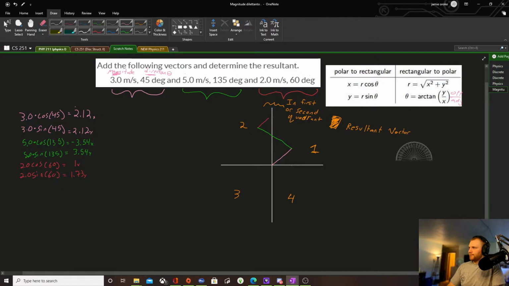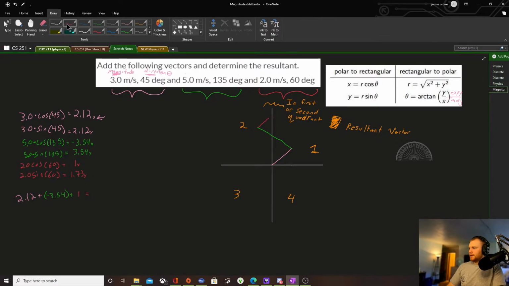So we'll take 2.12, which was the first one, the x. We're going to add all the x's first. So 2.12 plus negative 3.54, plus 1.